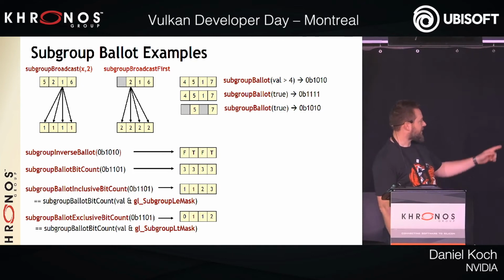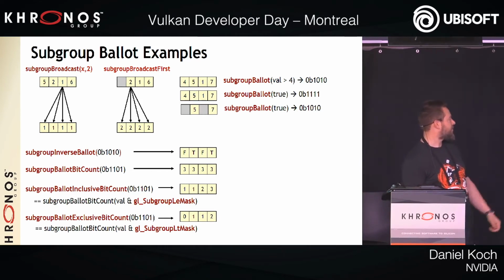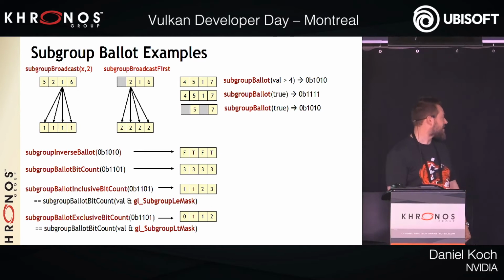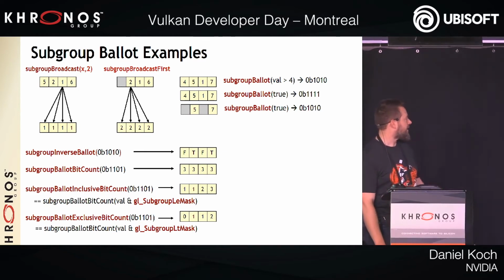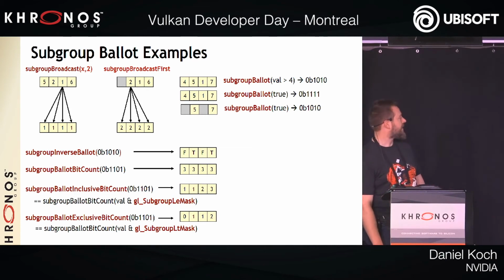So it gives you 1, 1, 2, 3. This is also another way of looking at it: it's the same as subgroup ballot bit count of value and the subgroup LE mask, less than or equal mask, and the same for the exclusive bit count.